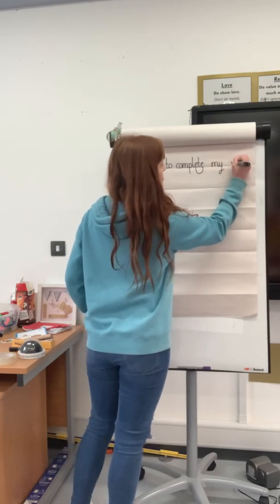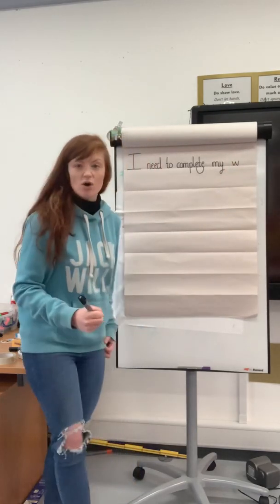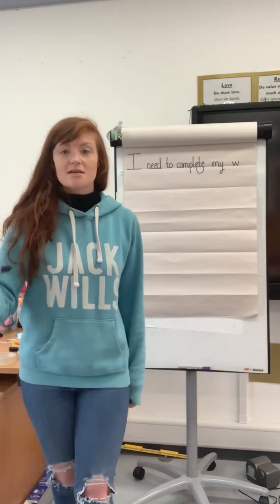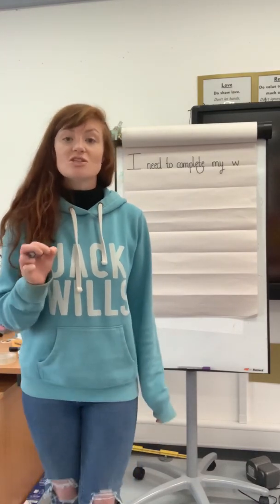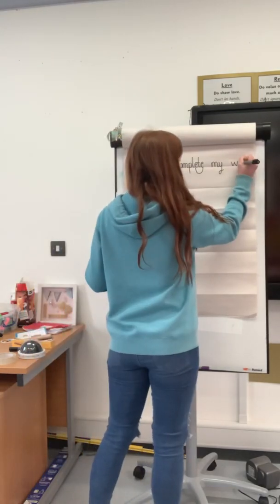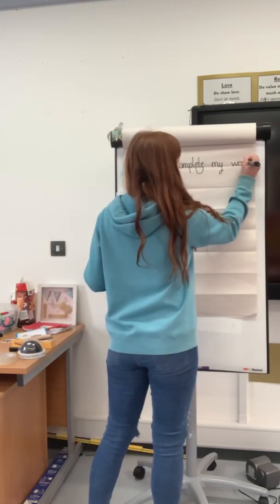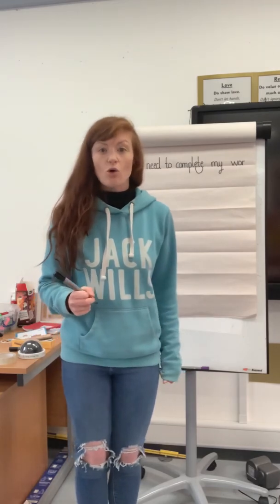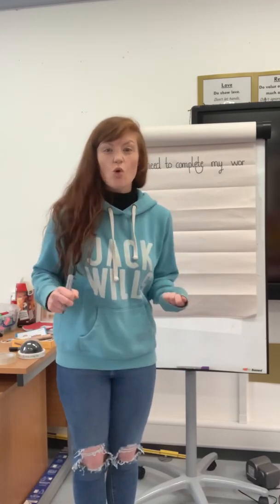work. Now, work's quite a tricky word, so I'm going to give you that one, because in the word work, the letters O and R make an er sound. And usually O and R together, the digraph, doesn't make an er sound. It makes an or for worn and torn.